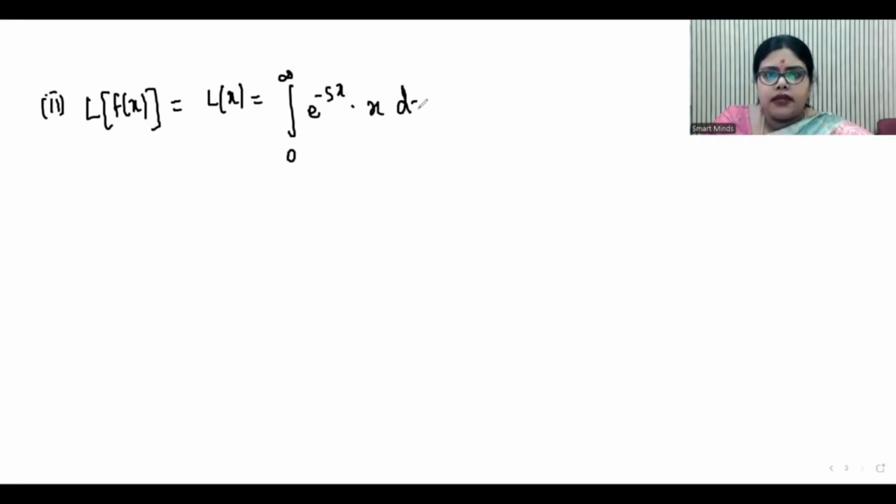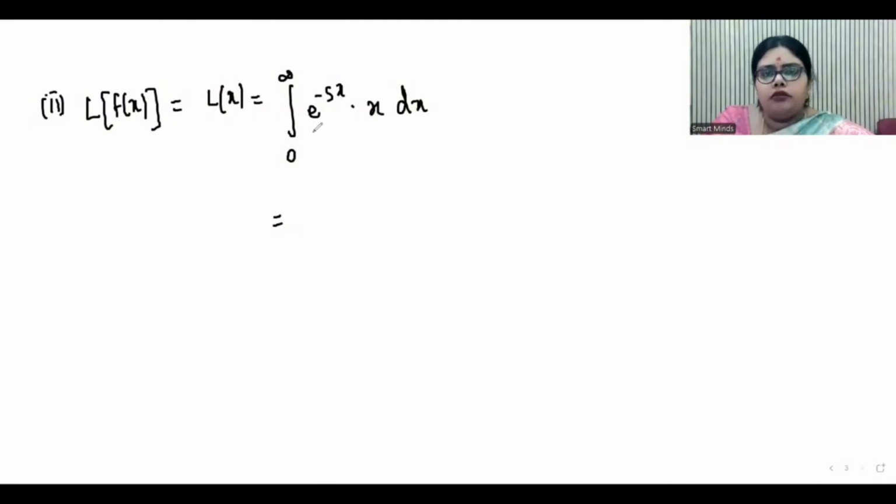Now let us take the second bit. What is the second bit? F of x is equal to x. So what is L of f of x? That is L of x. Now we apply the formula integral 0 to infinity e power minus sx into x dx. Now we need to apply the UV rule here.